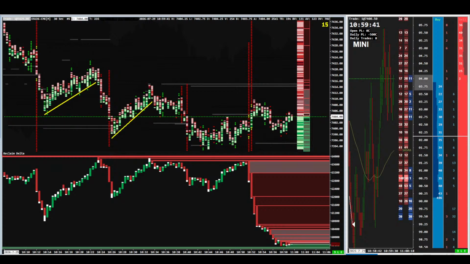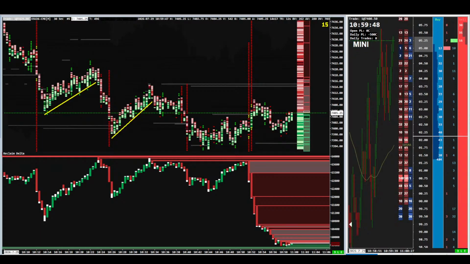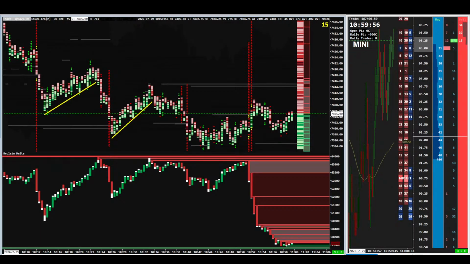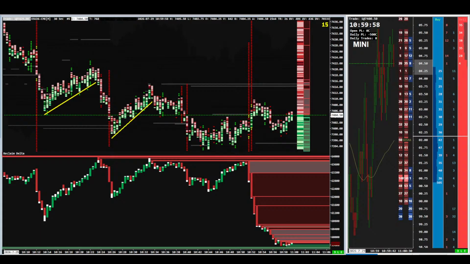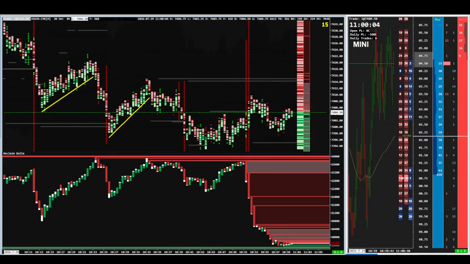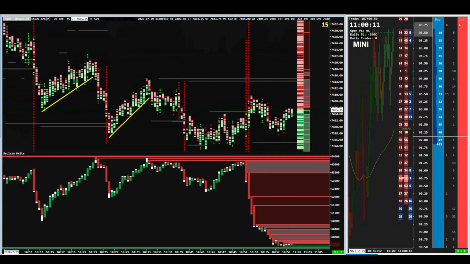Buying coming in. And they got immediately ran over. Which is interesting, because when they came in here, they dropped it. They might redefend it. Just want to see some stock selling.